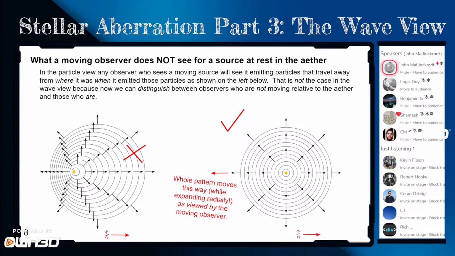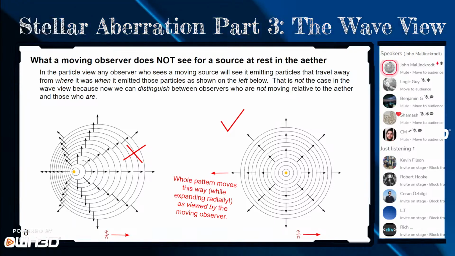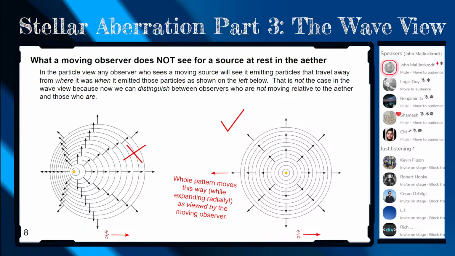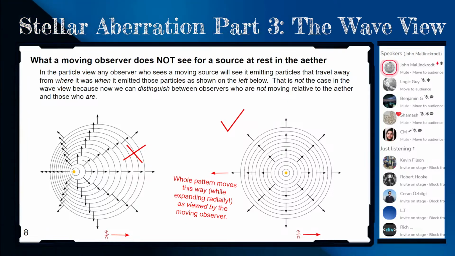You may remember that when we talked about the particle theory of light, if you're a moving observer, all that really means is you're moving relative to the source. And so you have every right to just think of the source as moving. And as the source moves, it emits particles from places that move further and further to the left.